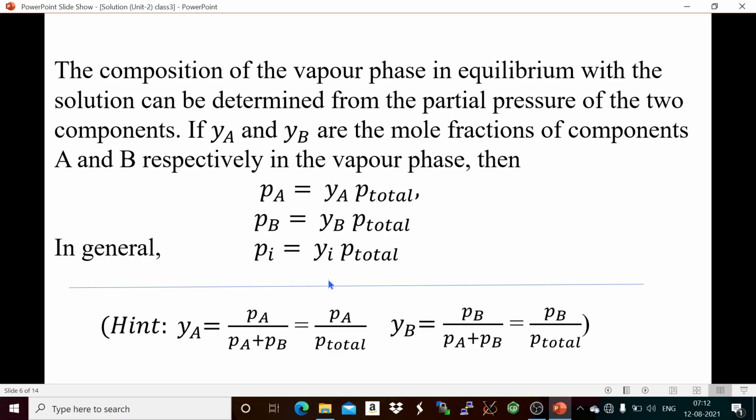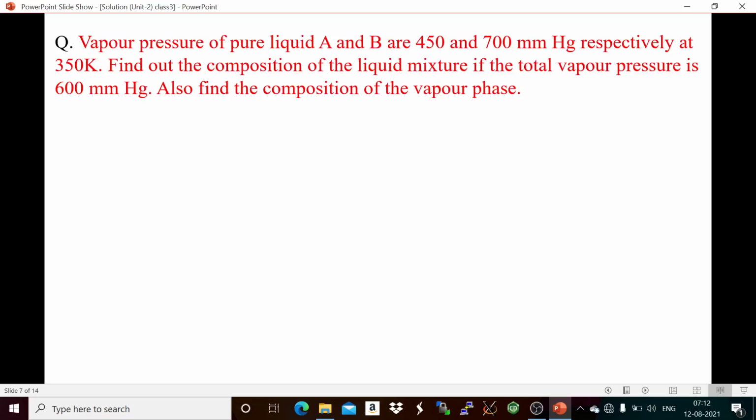So using all these relations we can try to solve this problem. Here it is given that the vapor pressures of pure liquids A and B are 450 and 700 mm, and you have to find the composition in the liquid mixture, that is XA and XB. Total vapor pressure is given, it is 600 mm, and we also have to find the composition in the vapor phase, that is YA and YB.